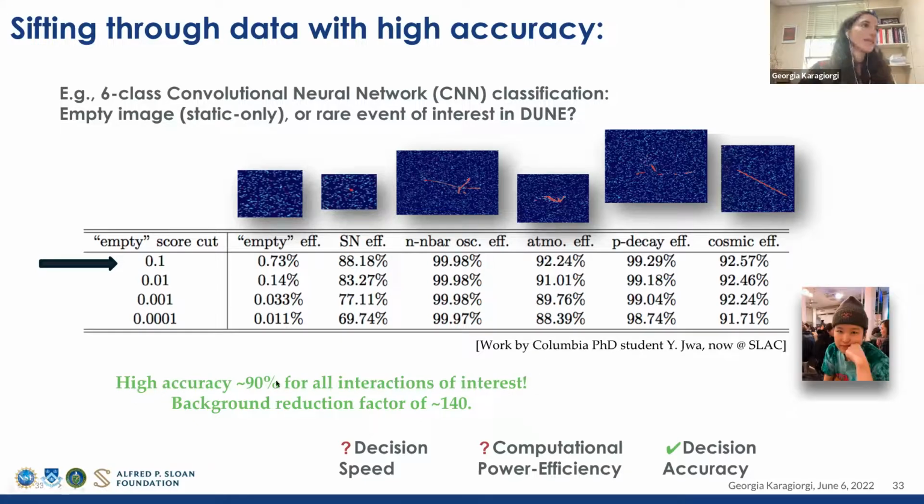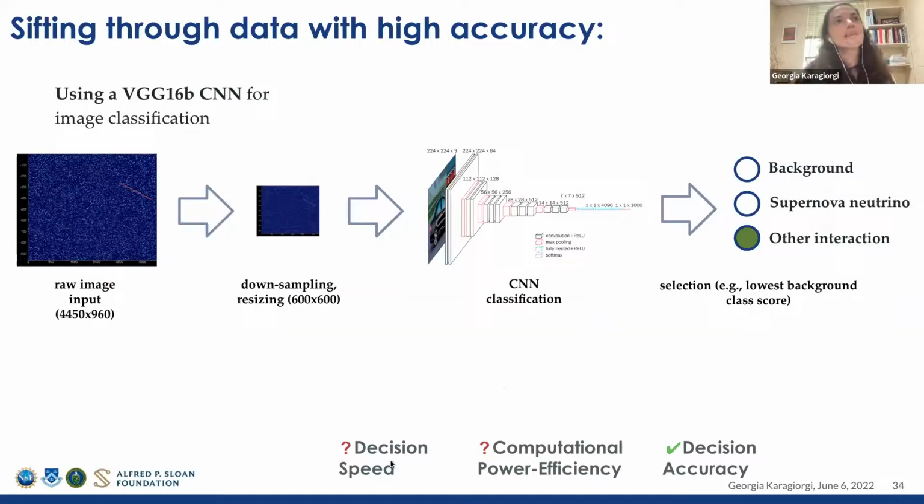So you could get an accuracy of 90% for all interactions of interest with a background reduction factor of 140. Such a scheme could work quite well for the low-level trigger, meeting the needed trigger decision accuracy for the DUNE experiment. The question being whether we could also achieve the needed computational power efficiency and decision speed as well.